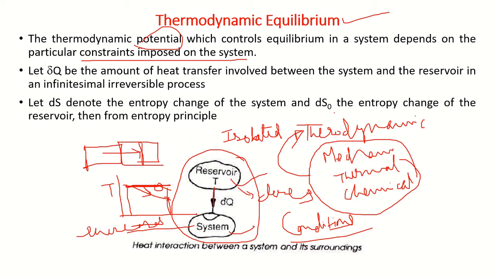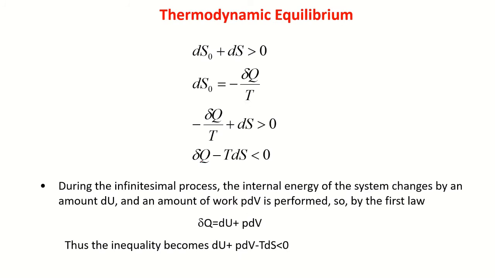So let us say dS0 is the entropy change of the reservoir, and this I will write as dS. So for the whole system, dS0 plus dS must be greater than 0. Entropy should increase because it is an irreversible process.